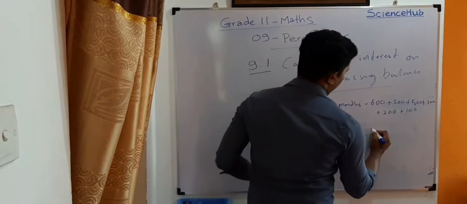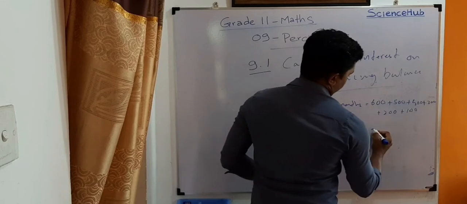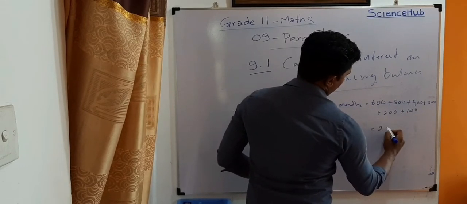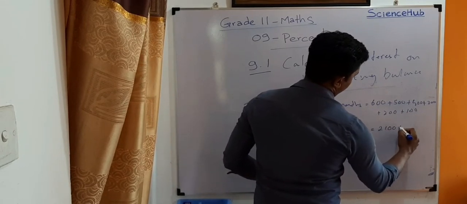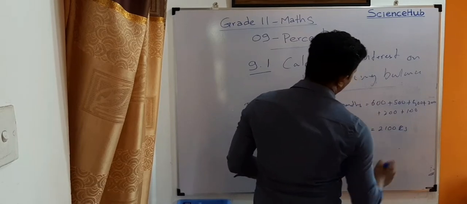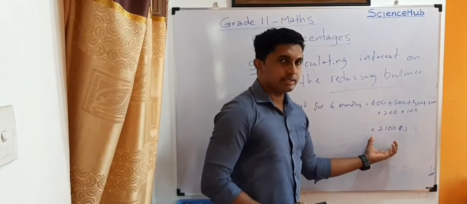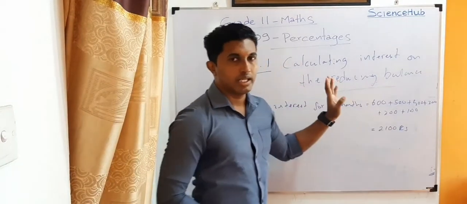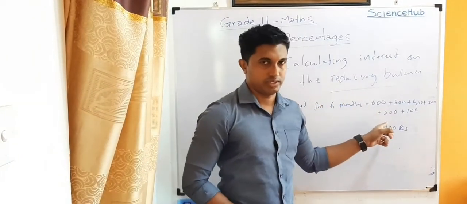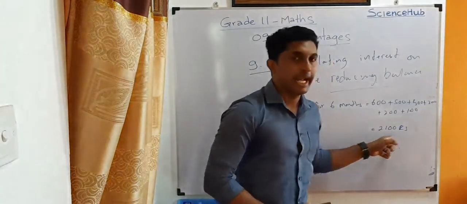Then what is the total? 2,100 rupees. This is the total interest that should be paid for the capital 30,000.